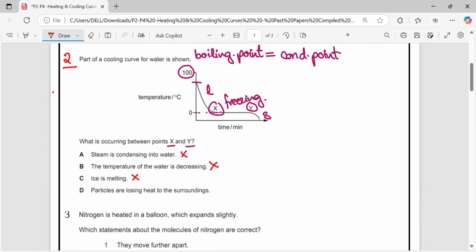No, because it's a cooling curve. Particles are losing heat to the surroundings. This is correct, because in a cooling curve, the particles release their energy and come together to turn from liquid to solid. They freeze, they solidify. When they lose energy, they become slower and come closer to each other. When they come closer to each other, they turn into the solid state.